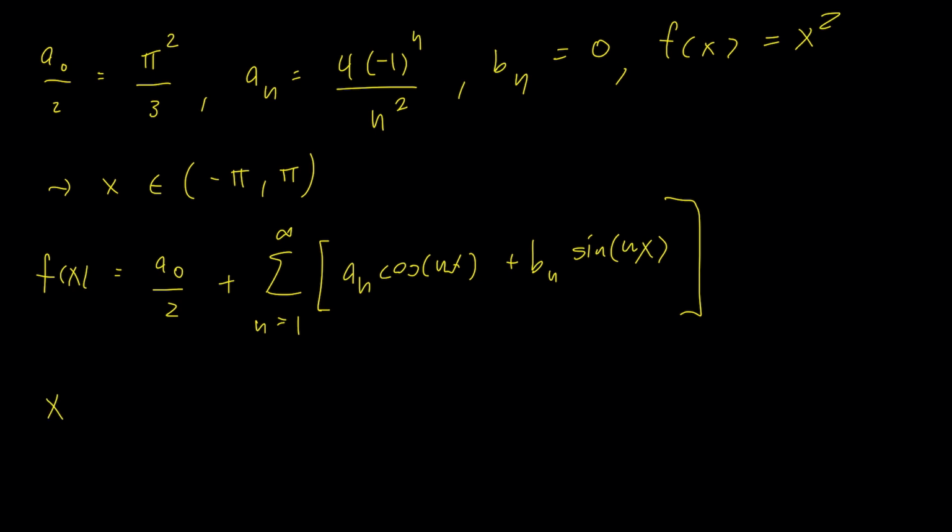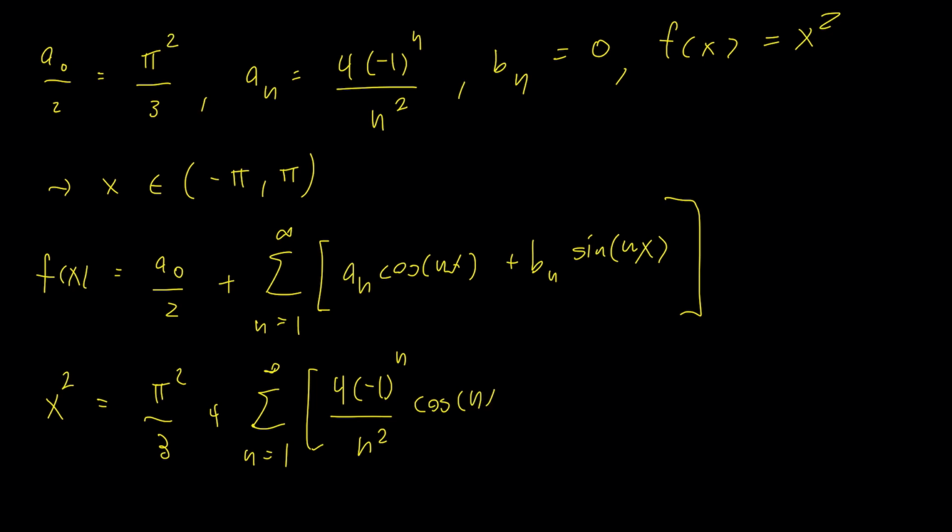So our function, we said it's x squared equals a naught over 2, which is pi squared over 3, plus the sum from 1 to infinity. a_n is 4 negative 1 to the n over n squared cosine of nx plus b_n, which is just 0.